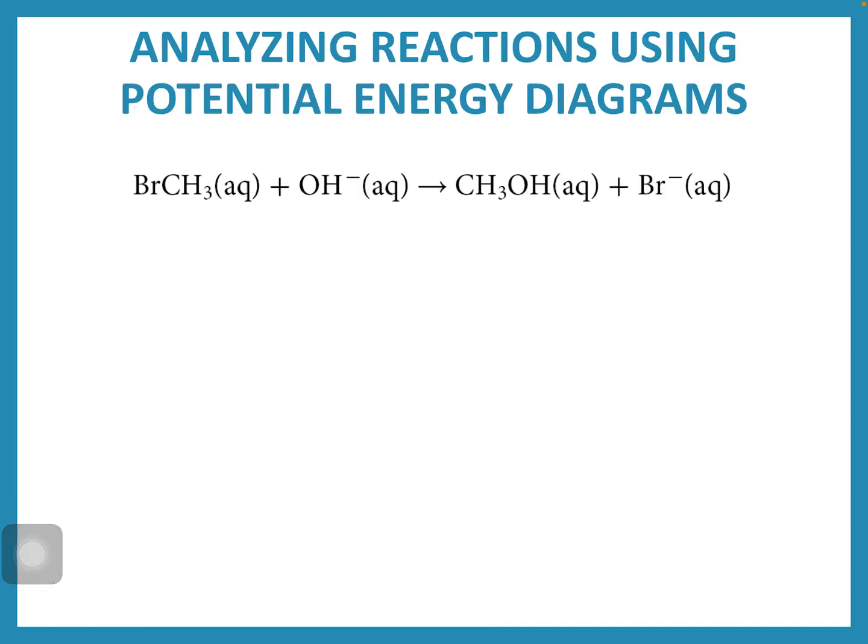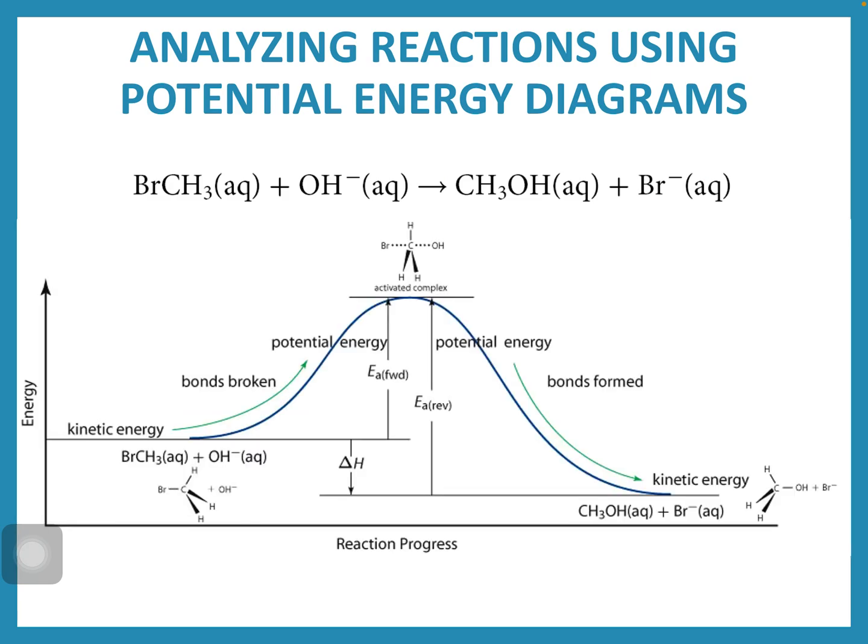Okay, so if we are looking at potential energy diagrams, we have here methyl bromide and hydroxide, and those are reacting to form methanol and a bromine ion. So if we take a look here, we have our reactants over here.